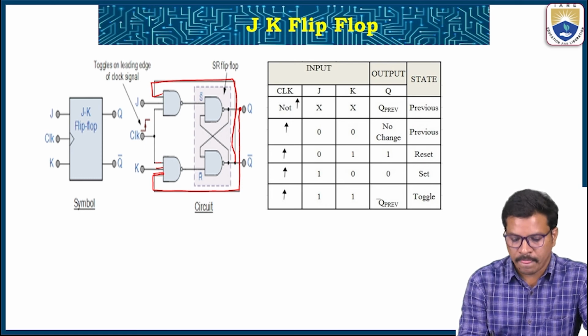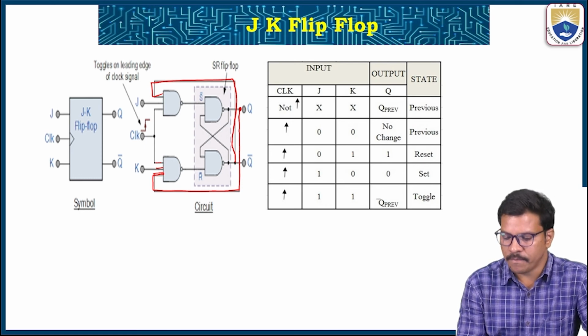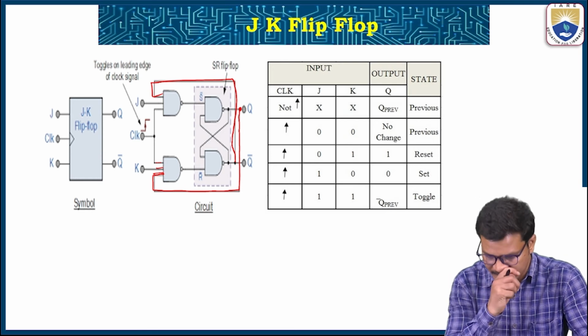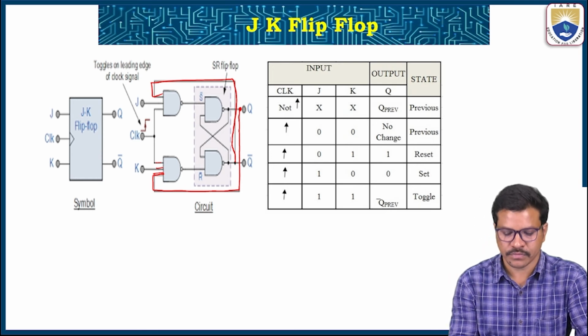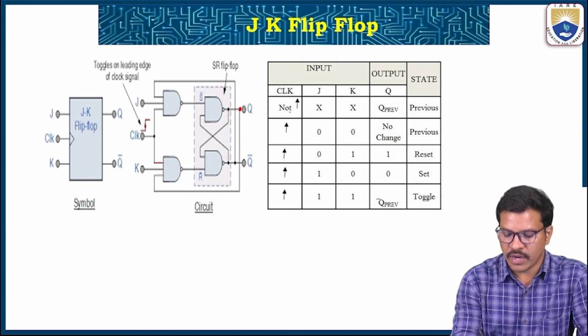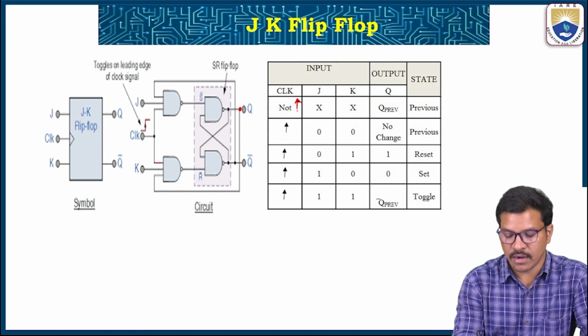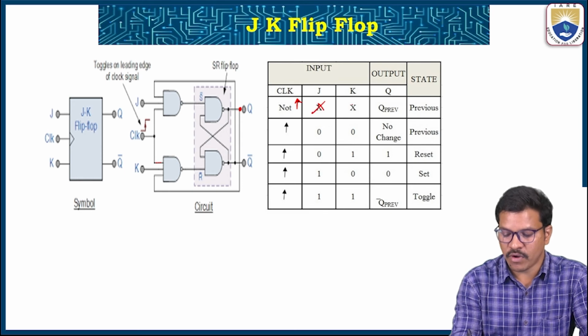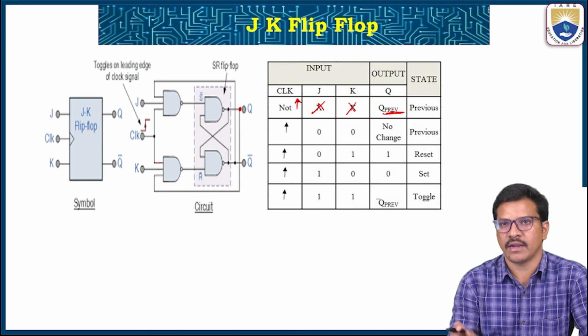So now if you see this diagram, what will happen in this truth table? When the clock is 0, or 1 to 0, irrespective of J and K, it is in the previous state or unchanged.